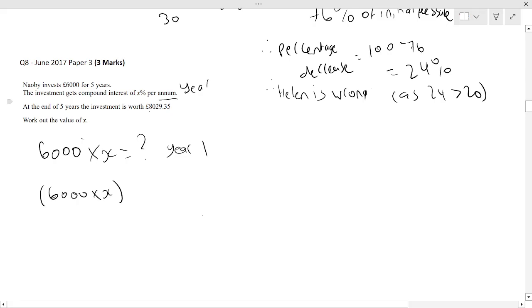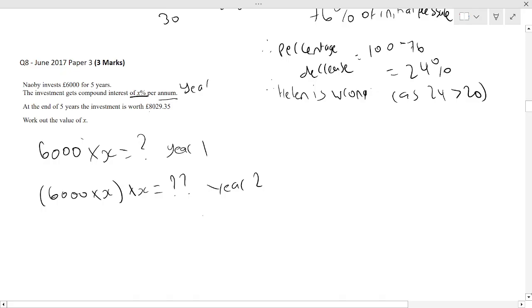But then think about it. For year 2, the next year, we still had to add on x% of that. That's how compound interest works. So again, we times by the same multiplier, x, because that will raise that amount by x%. That'll be year 2.